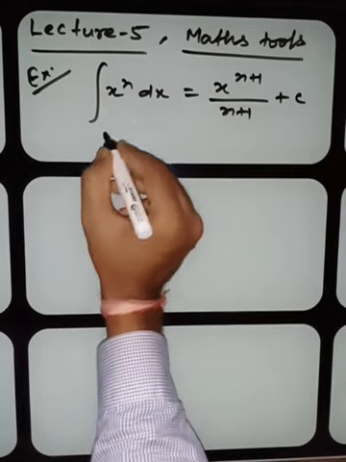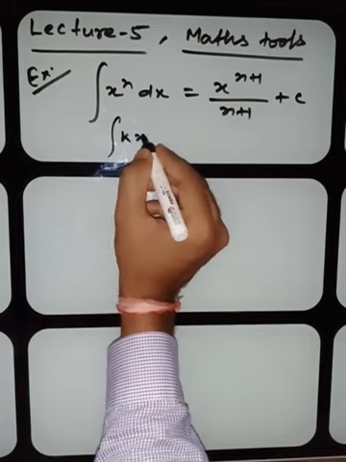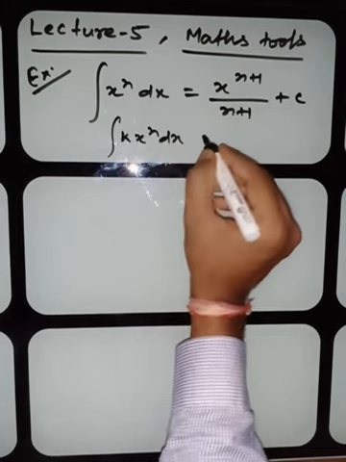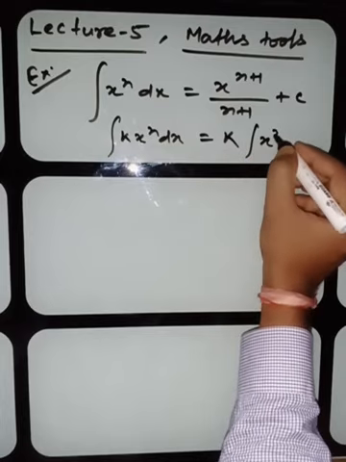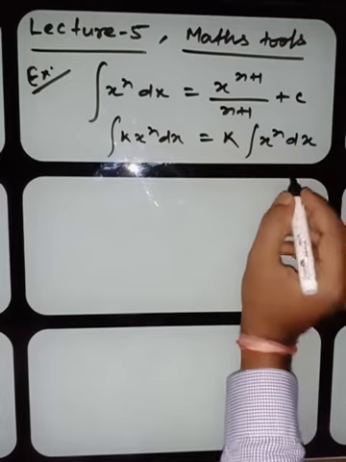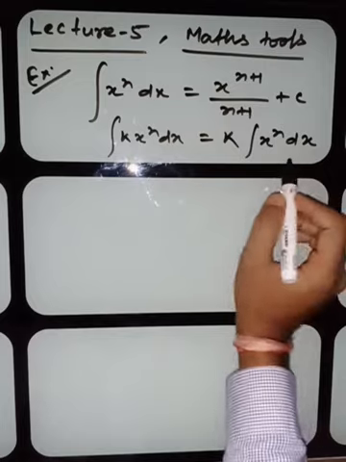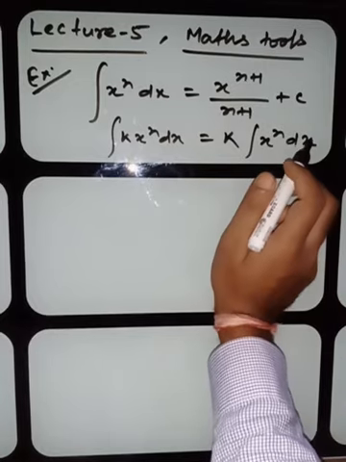And the second, the integral of k x to the power n dx, can be integrated as k times the integral of x to the power n dx. Now the answer of this one will be the same as the previous one.